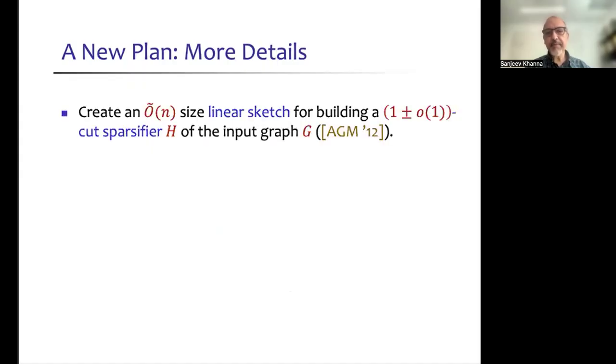So let's look at the new plan in a bit more detail. Step 1, we build a weighted cut sparsifier H as before using the AGM sketch.